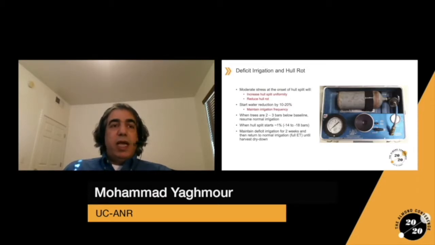This will help the growers in 2 ways. One, it will increase hull split uniformity, and thus give us a good way to protect most of the fruits when we are applying chemical control. The other one, it will reduce hull rot, as I mentioned earlier.